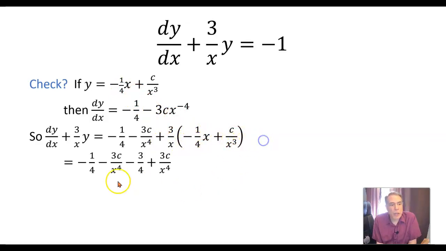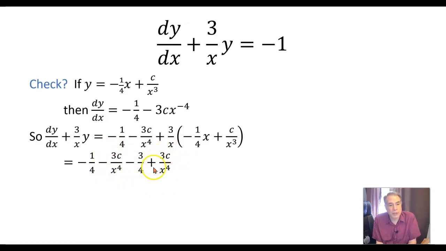Multiply that out, and we got negative 1/4 minus 3c over x to the 4th, minus, and here the x over x cancels, and this would be 3/4. And then when I multiply 3 over x times c over x cubed, I get 3c over x to the 4th. So one of these terms is a minus 3c over x to the 4th.